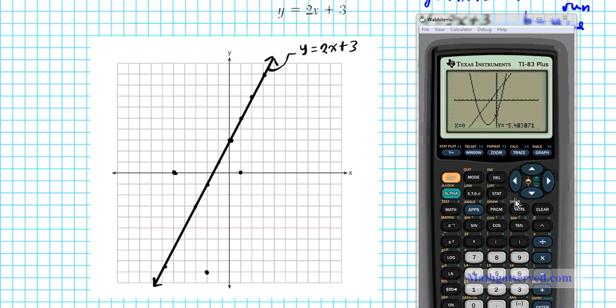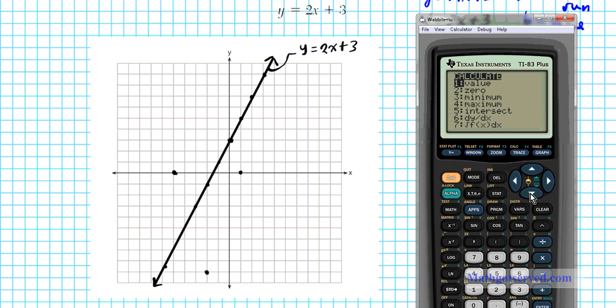All right, so let me do something again. One thing you want to note is that when you're calculating the intersections, calculate intersect. Since there are 2 intersections here, you basically move your cursor to a point close to the intersection that you want to calculate. So let's say we want to calculate that intersection first.